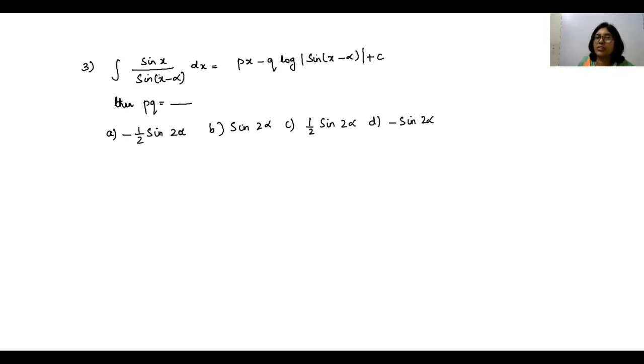So here we have sin x upon sin of x minus alpha. So we will write the numerator term as sin of x minus alpha plus alpha, so that this can be taken as a and this as b, applying the formula for sin of a plus b.